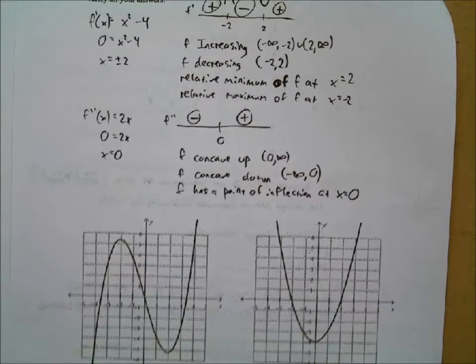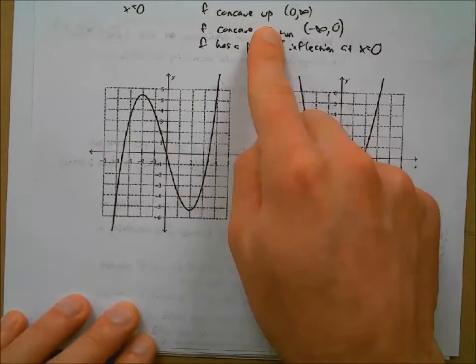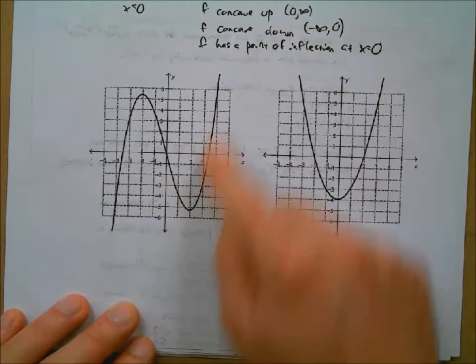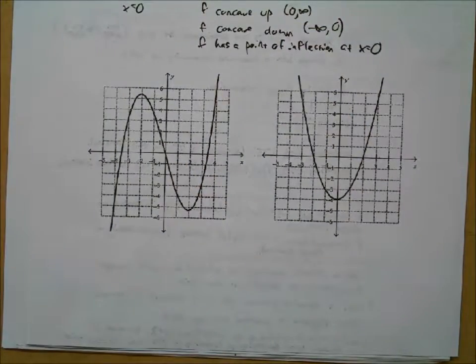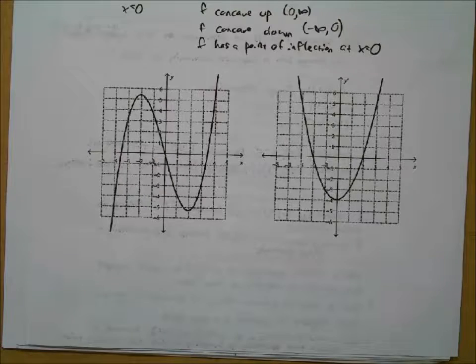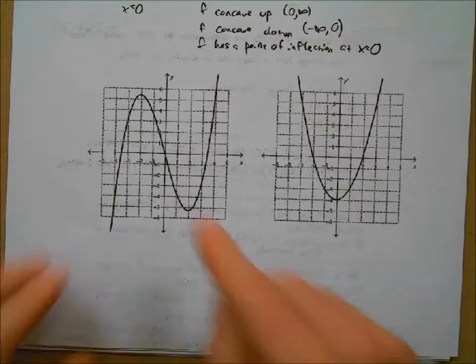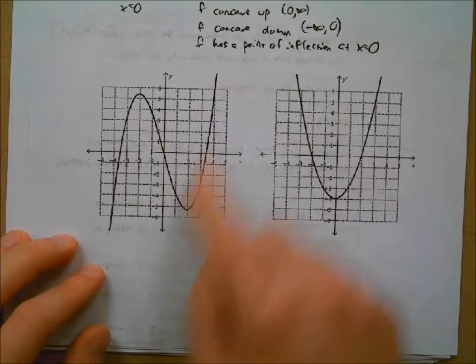Looks good. Okay. f is concave up from 0 to infinity. Remember, we have really two ways of thinking about concave up. One way is the fact that it looks like a cup. The shape of the graph is like a cup.